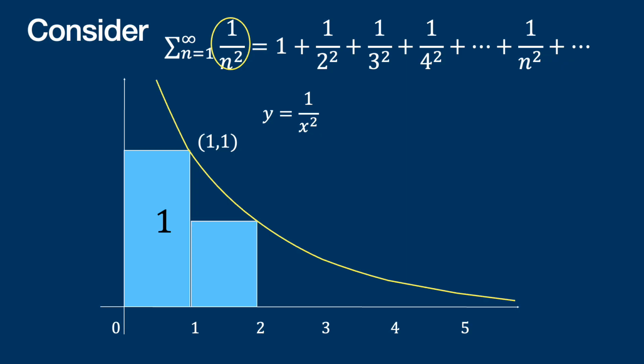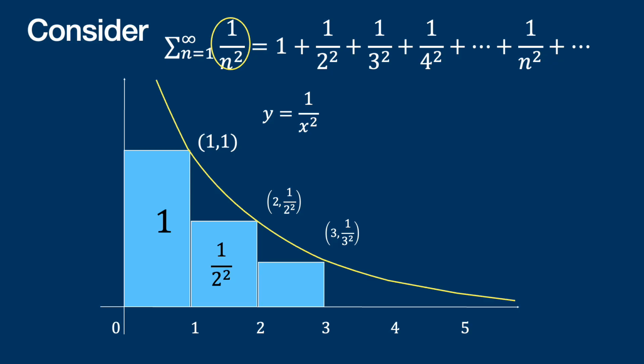Second rectangle, I sketched the rectangle below the curve. Now you find this point. That's going to be 2, 1 over 2 squared. Height is going to be 1 over 2 squared. Base is going to be 1. Area is going to be 1 over 2 squared. This one is the second term. Same thing for the next rectangle. I find the point on the curve. That's the 3, 1 over 3 squared. Find the area.